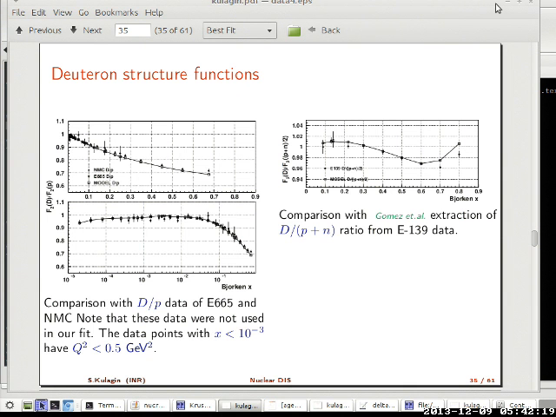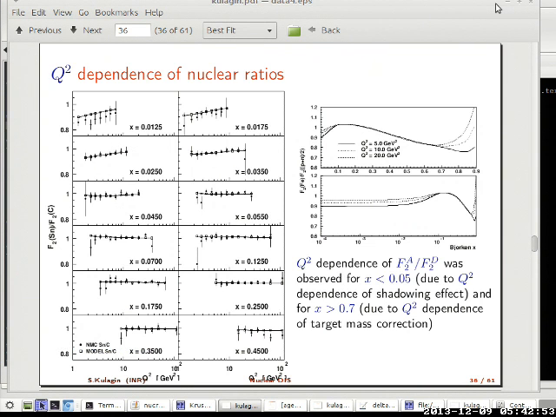It turns out that our calculation is pretty close to this extraction in this region for x not too large. At larger x the agreement is not as good, but there is a reason for that: in the nuclear density model, the corrections due to momentum distribution are not accounted for. This is how the Q square dependence looks like.